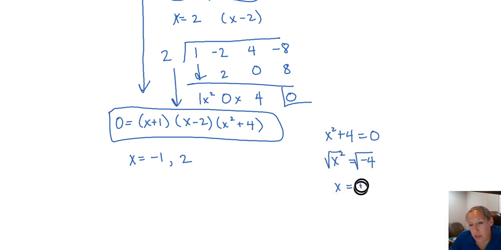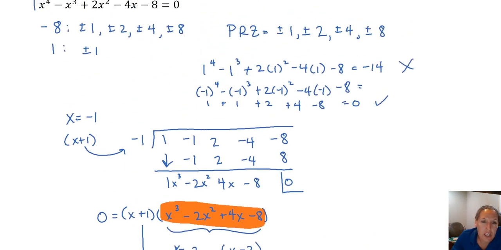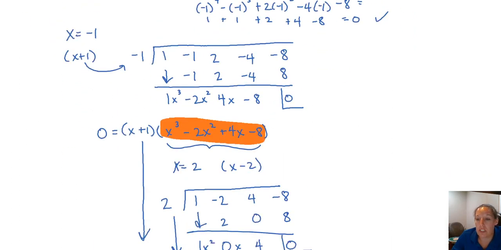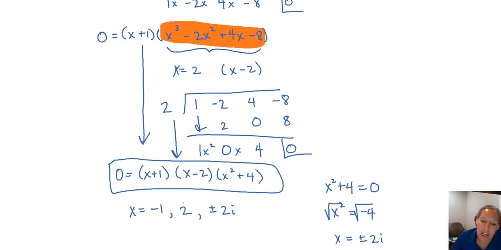We get x equals plus or minus 2i. So those will be the 4 solutions to our equation. But remember, the directions said solve in the real number system. So that 2i is an imaginary number, so we're only interested in the 2 and -2 in the real number system.